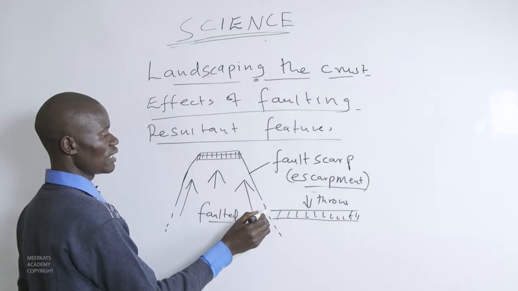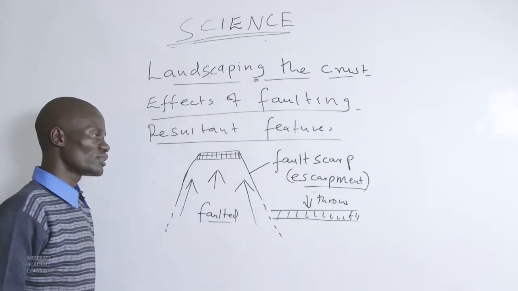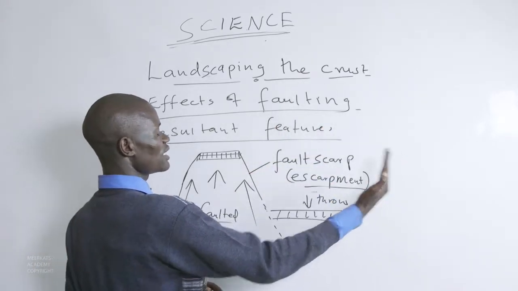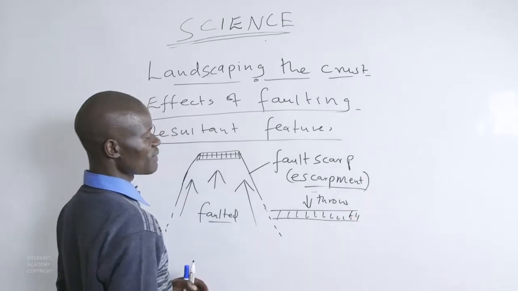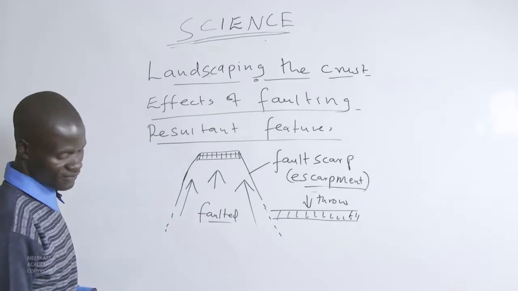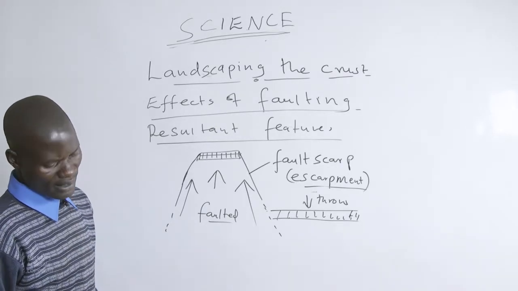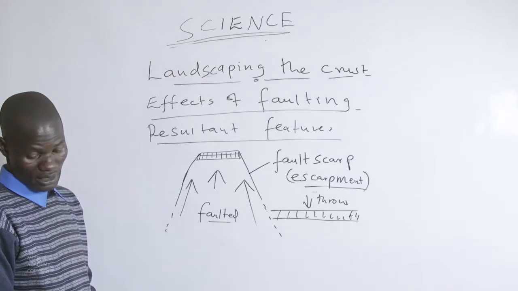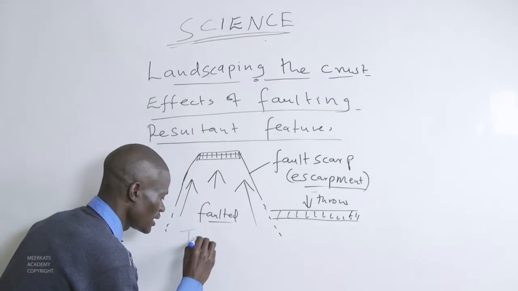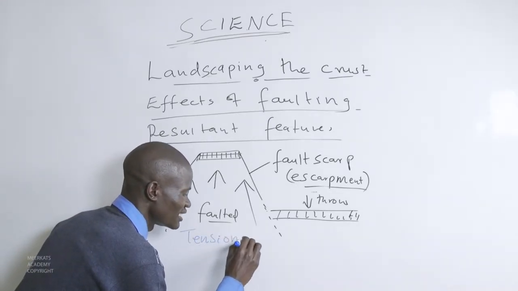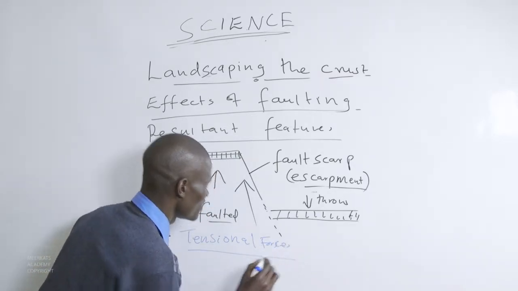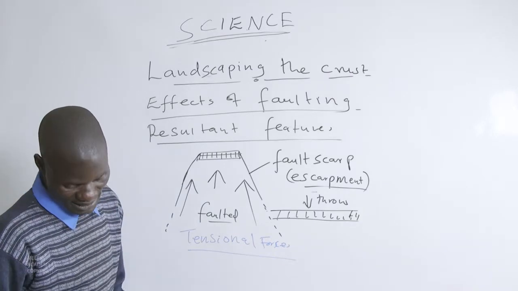On the side of the downthrow the fault scarp is going to be formed, and on the opposite side, if we have another block, it may result in the formation of what we refer to as a graben or the Rift Valley. That is how a fault scarp occurs. And it occurs in the area where there is a lot of tensional force occurring, especially on the earth crust.